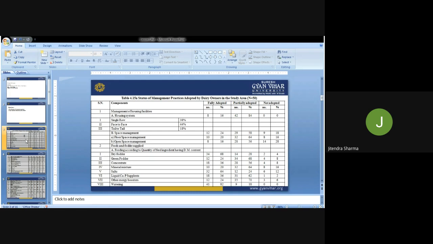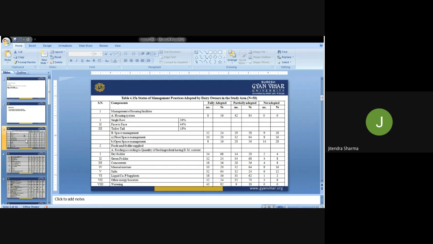Then the second management practice is feeding and fodder supply to the dairy animals. There is feeding according to the quantity of feeding ingredients, having dry matter intake. This is a thumb rule method, calculated as per the body weight and production of the animals.